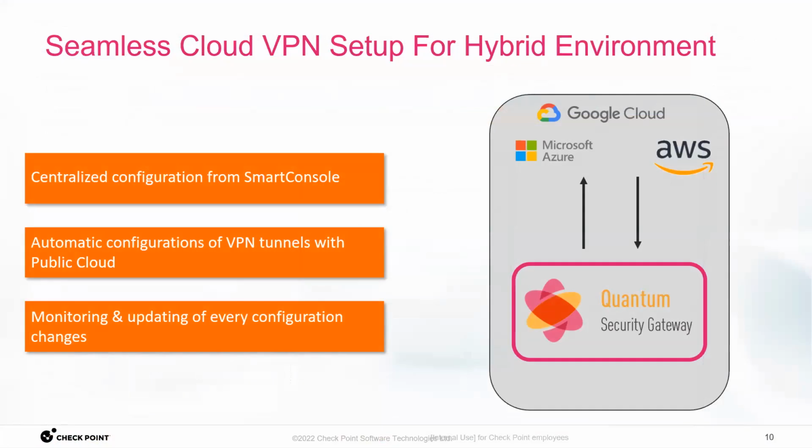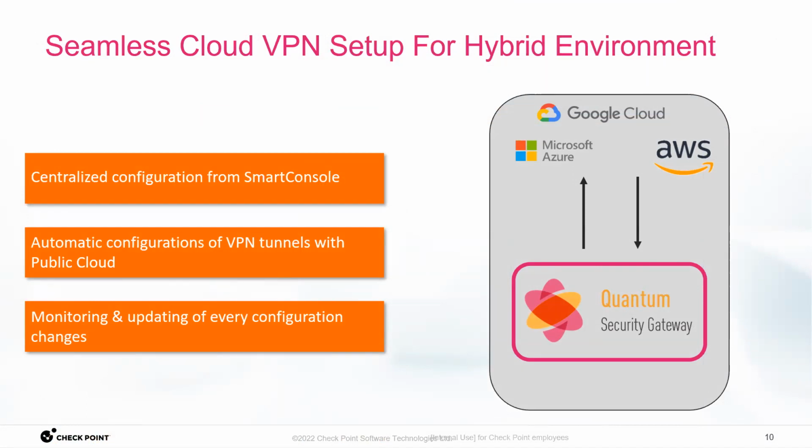Okay, so the next feature is relevant for customers working in a hybrid environment, meaning that part of their deployment is on-prem and part of the deployment has moved to the cloud. They need to connect both environments, the on-prem and the cloud, over the public internet, and for that, they need to establish a VPN tunnel.